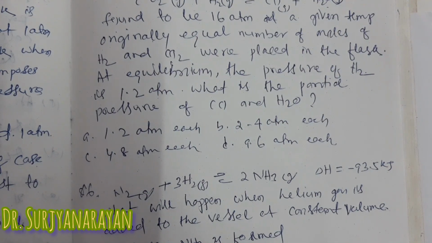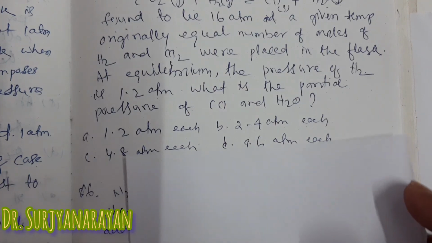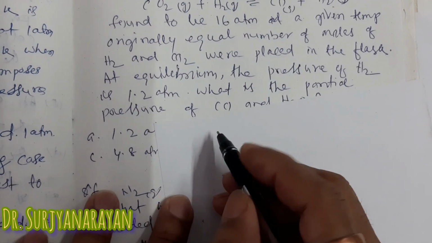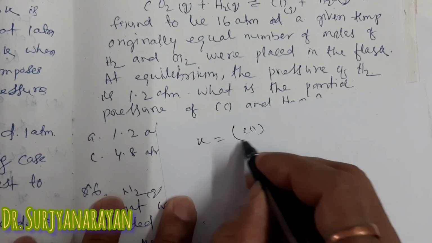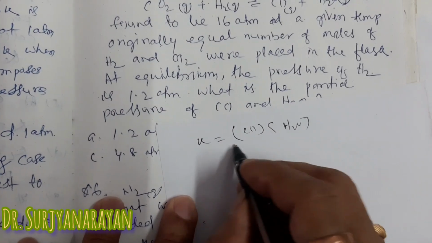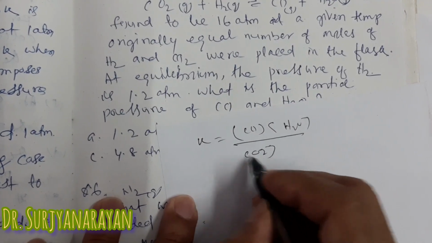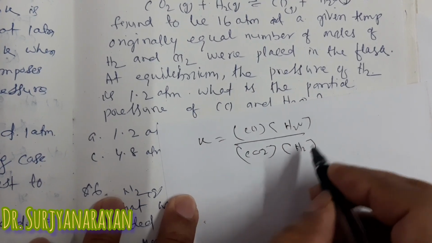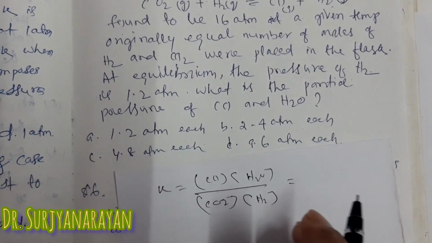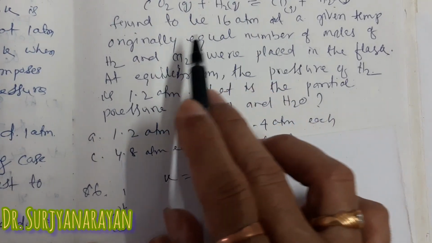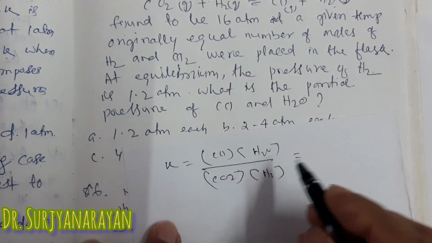Okay, you see, K is equal to CO concentration times H2O concentration by CO2 concentration times H2 concentration. This is given as 16.